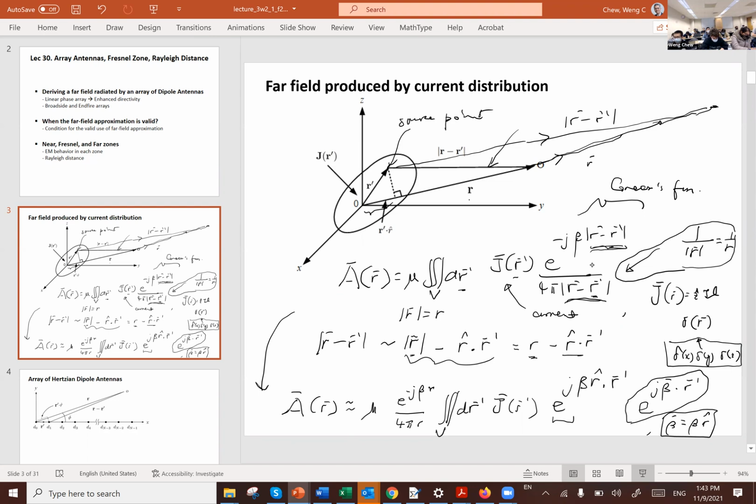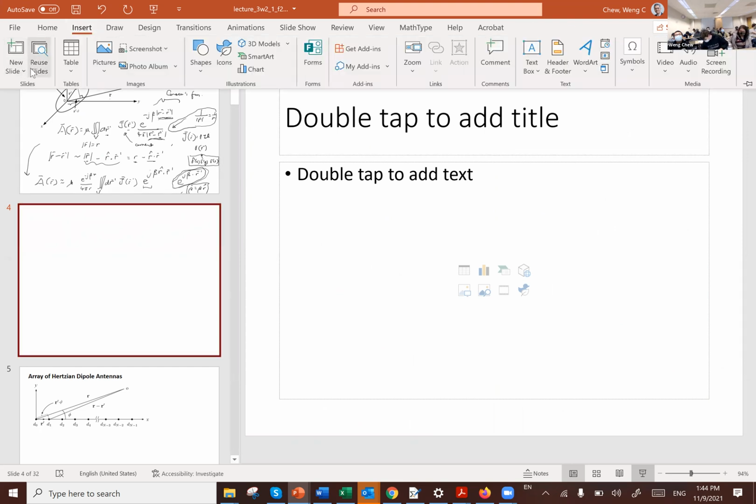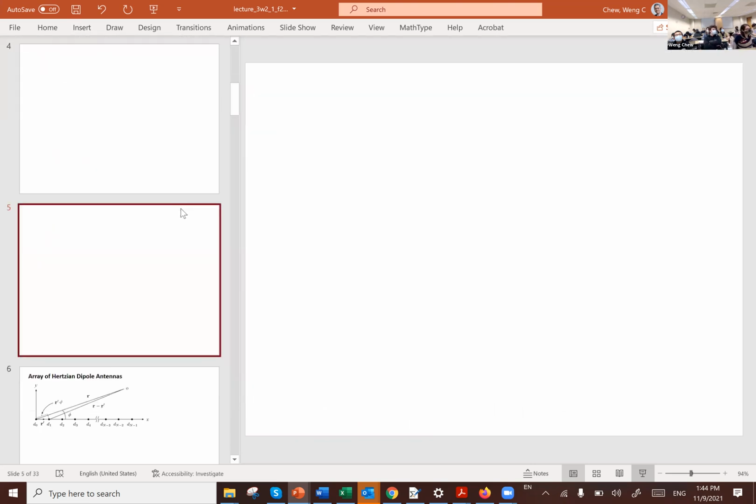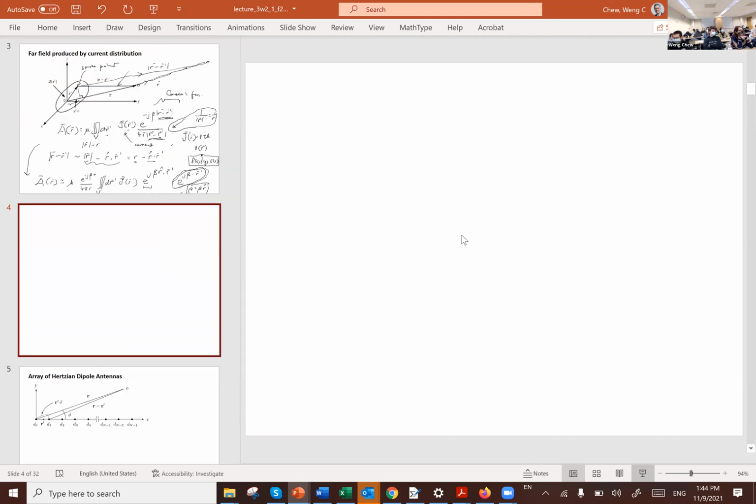Okay, so if you look at this integral more carefully, it is also expressible as just an integral over the volume of J of r prime e to the minus or plus j beta dot r prime.